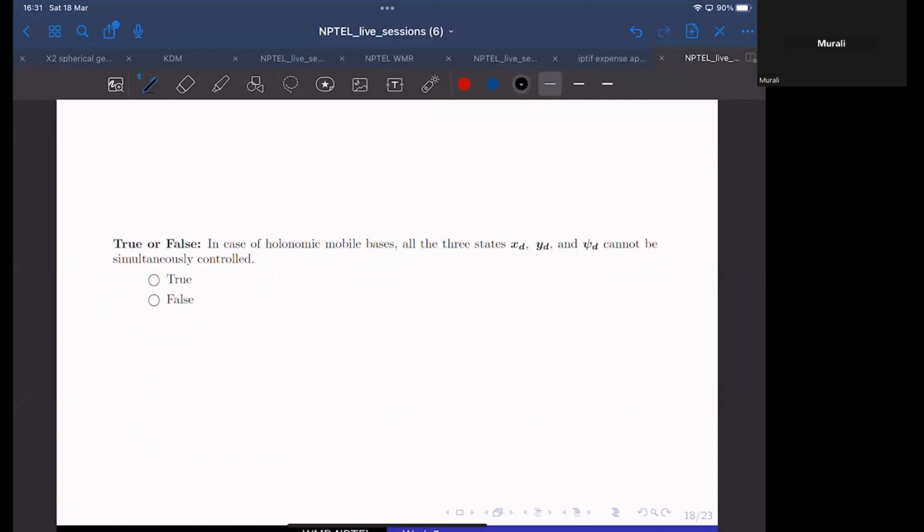In kinematics, we have already seen that to correlate the zeta vector, the vector of velocities, to the vector of wheel angular velocities omega1, omega2, omega3, omega4, depending on the number of wheels, we have a wheel configuration matrix.